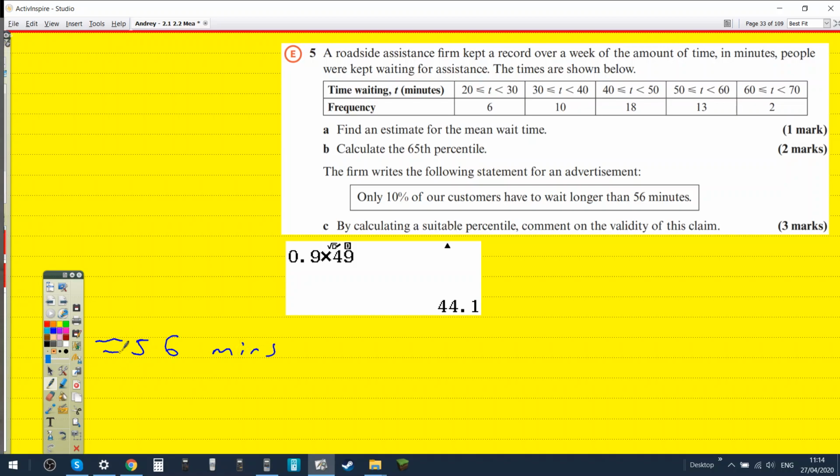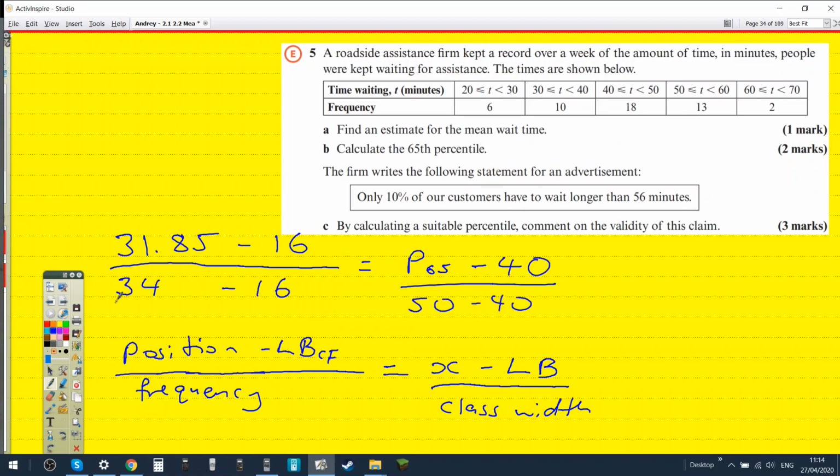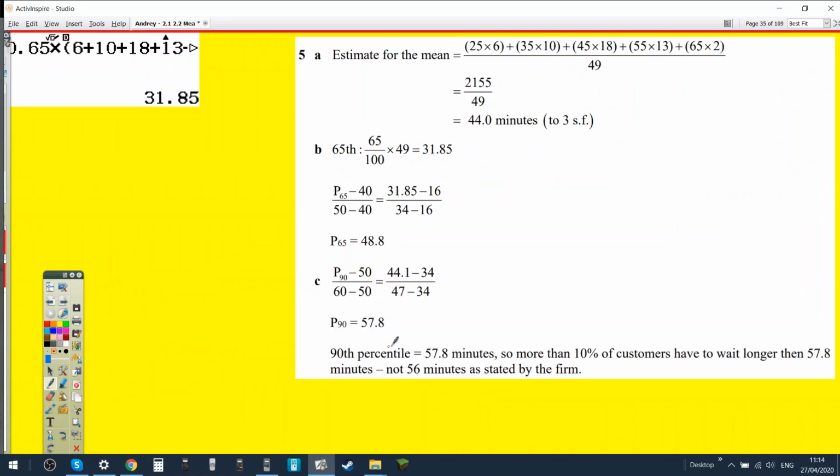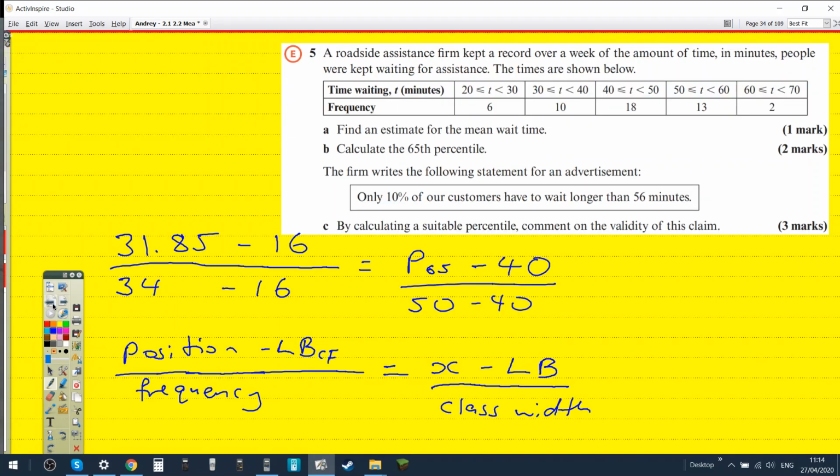56 minutes. And so only 10% of our customers have to wait longer than 56 minutes? So yeah, that probably is true there. So yeah, 90% have to wait like 56 or less. And so top 10% more than 56. 90th percentile is 57.8, they're saying.